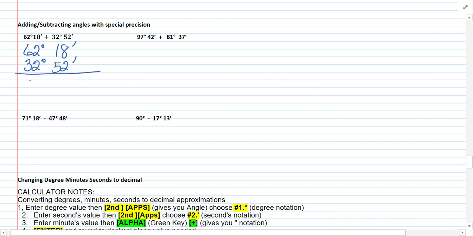So here I can add any way I want. 94 degrees, 10, carry the 1 is 70 minutes. The problem is this can be converted to degrees and minutes.